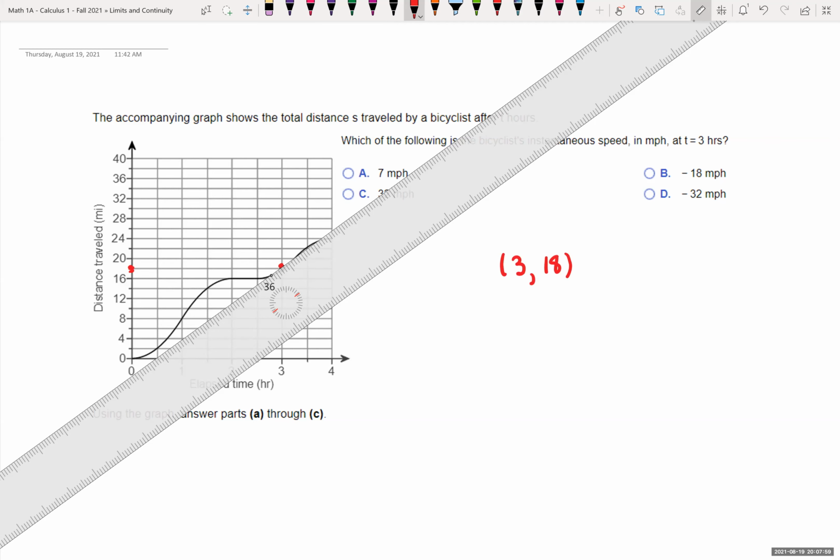And I want to find another point. Because I made the line look like the tangent line going through that point at T equals 3, I'm going to choose a point that I recognize. How about this point right here.